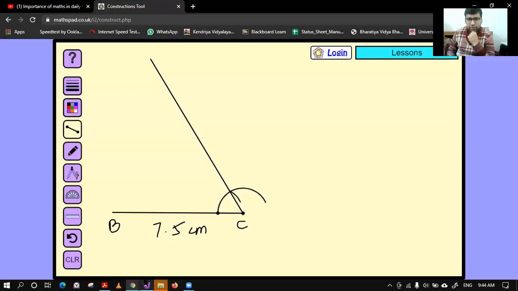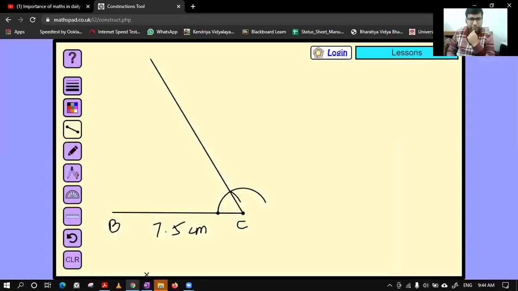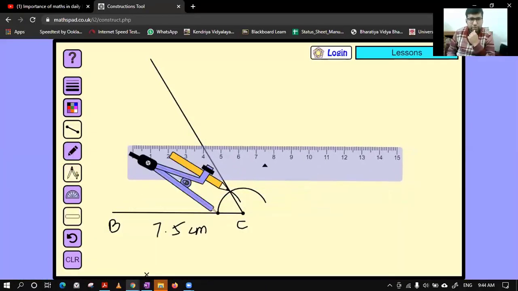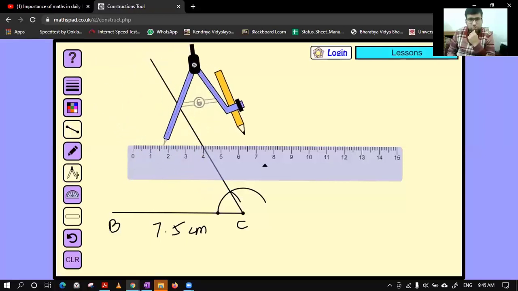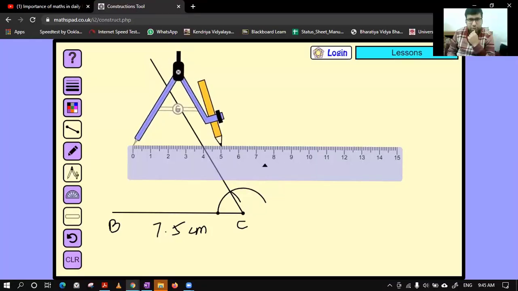Now we need to find the final point, that is A, on this angle. For A, we have to cut an arc of 5 centimeter. To cut the arc of 5 centimeter, take the scale, use compass, keep on 0 like this and open till 5 centimeter.